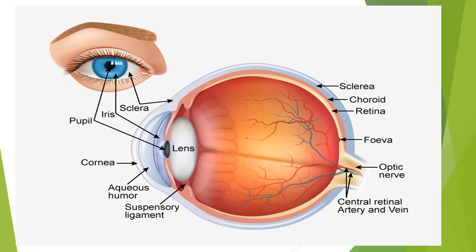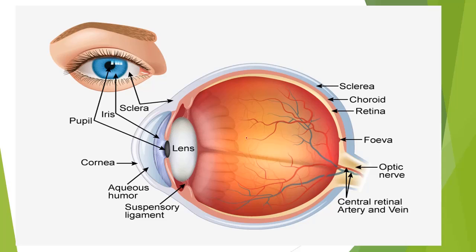Whatever image we see will focus onto this retina, and the function of the retina is to convert the images we see into impulses. Then this optic nerve transmits those impulses to the brain. In the upcoming slides we will see how we see an object, and then things will be clearer.